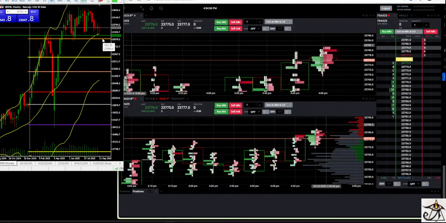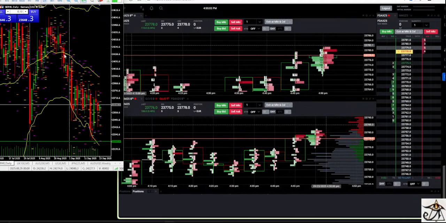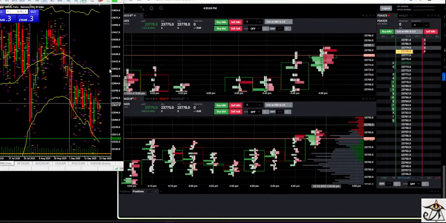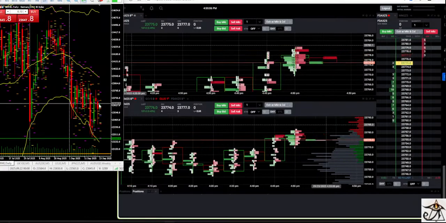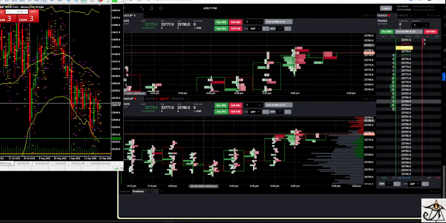We've also got the yearly R2 level way down here, so nothing to worry about right now. So we'll go down to the daily chart now, see if we can identify anything of use. Not particularly, we're in the middle of this range at the moment. So we've got pricing above and below, so nothing really that we can use at this point.